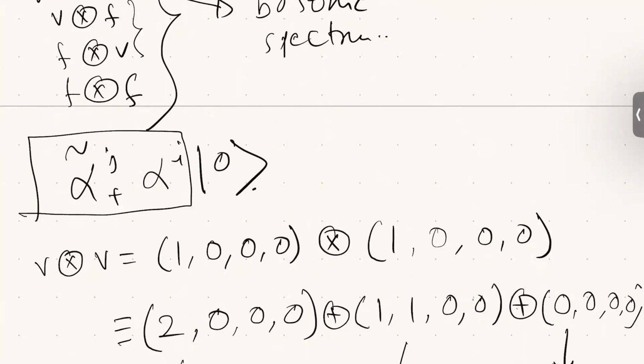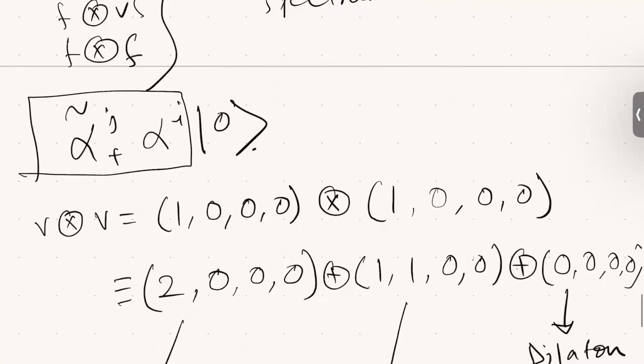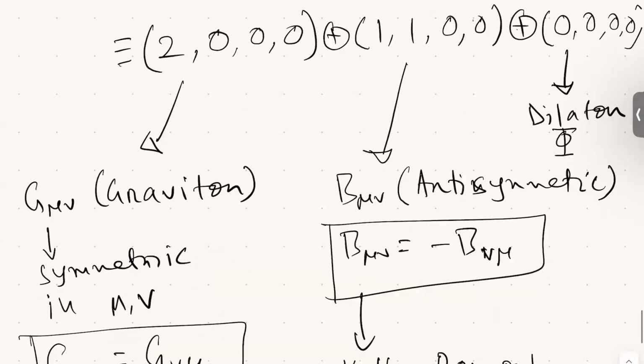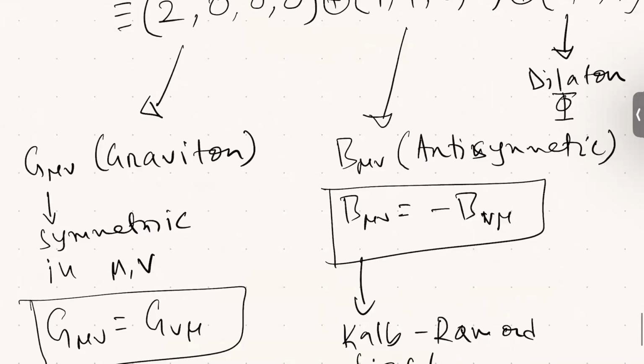And you are acting on the vacuum state of the string theory with this number operator. In that case, this G mu nu, this B mu nu, and the dilaton, these fields will come as the spectrum of your string theory. And these things are always there in any kind of string theory.